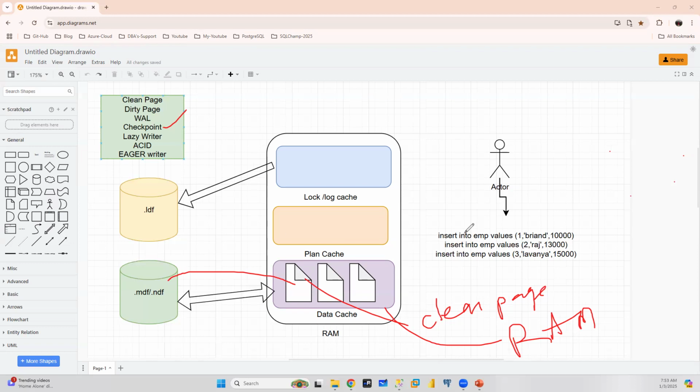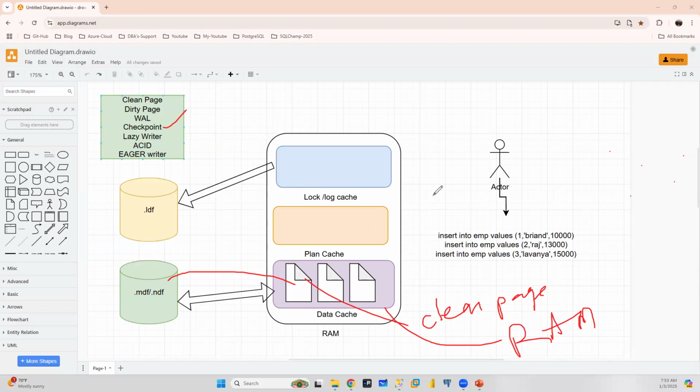Now see, when you start reading the data, SQL will try to keep everything in the RAM because it is much faster. The pages can be dirty pages or clean pages. The pages are loading in the data cache, and not only the data cache, we have other caches also: log cache, plan cache, many caches.